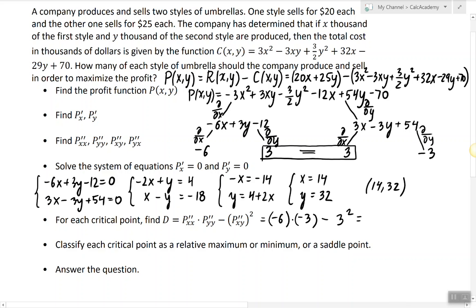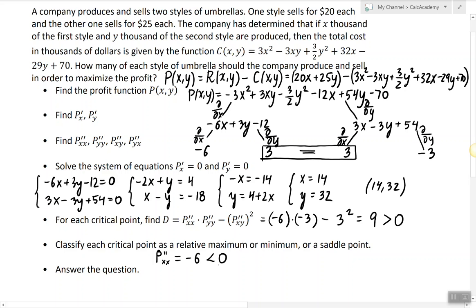So we get the following expression to compute. 18 minus 9 is 9. So 9 is positive. That means what we have is either minimum or maximum. And to determine whether it is a minimum or maximum, we are going to look at the second derivative with respect to x twice. And it is -6.